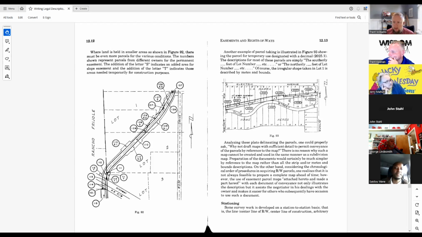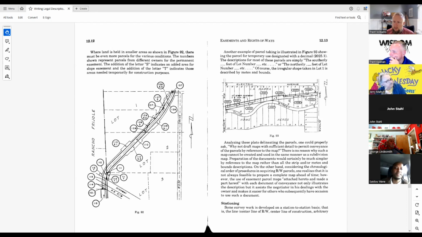Prior to going to transportation project plans for land acquisition for future roads in Wisconsin, they used to use old right-of-way plats. Right-of-way plats were based on centerline descriptions, but they wouldn't be exclusively stationed.